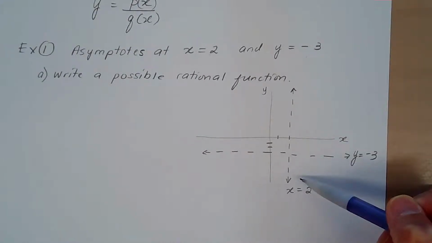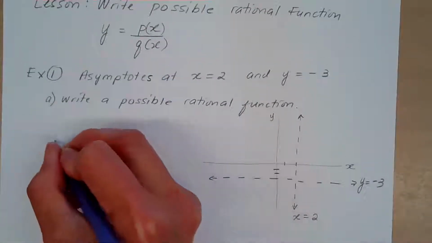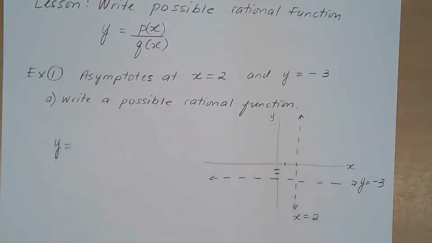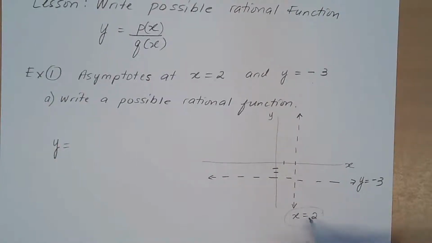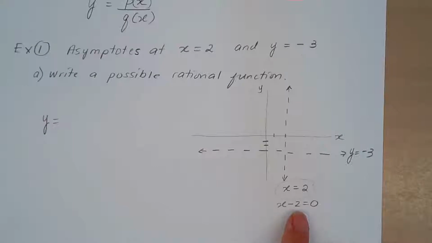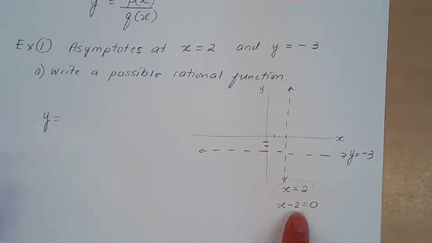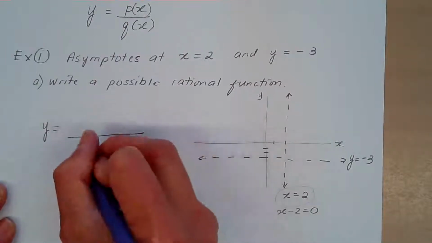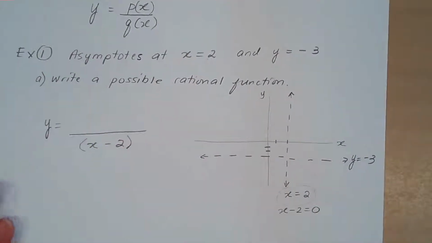There's a Q, the denominator, right? You know that because this is x equals 2, that means you have x minus 2 equals 0 in the denominator. So that's great. x minus 2 in the denominator.